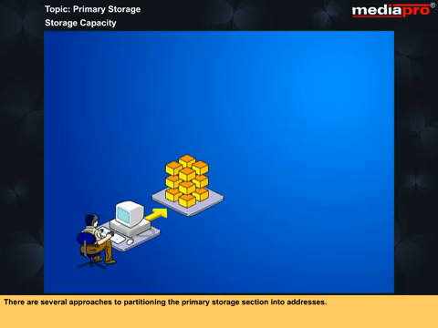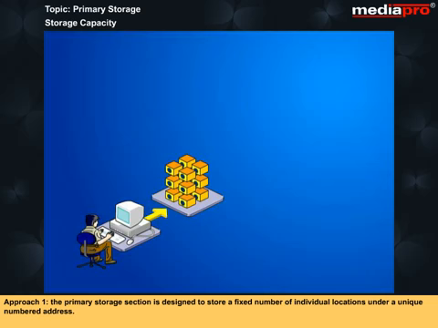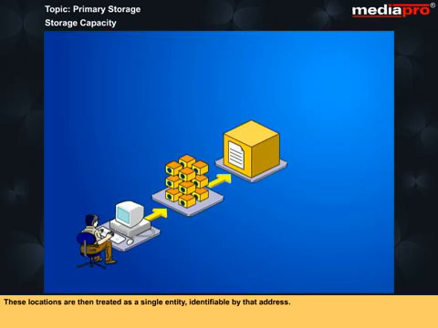There are several approaches to partitioning the primary storage section into addresses. Approach 1. The primary storage section is designed to store a fixed number of individual locations under unique numbered addresses. These locations are then treated as a single entity identifiable by that address.